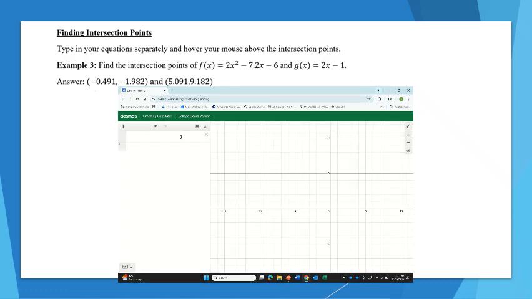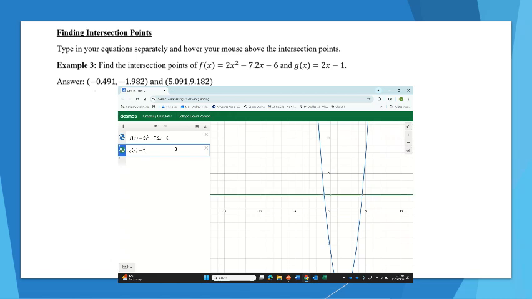All right, for example 3, we want to find the intersection points of f of x equals 2x squared minus 7.2x minus 6, and of the line g of x equals 2x minus 1. Once we have it, we can see two intersection points right here and right here.